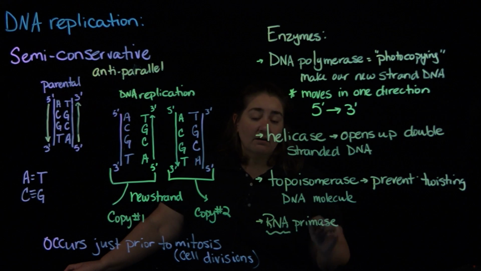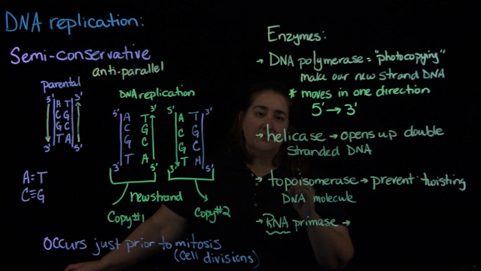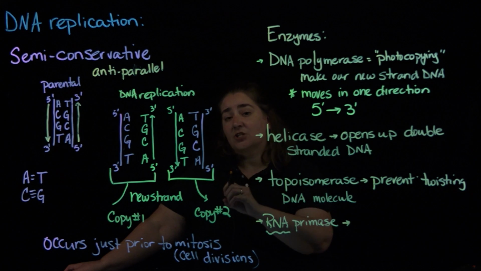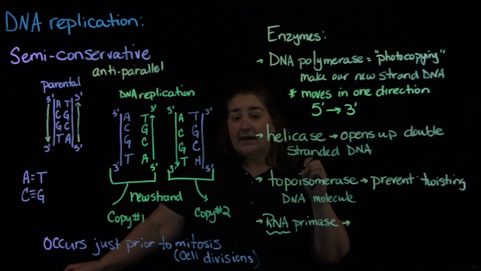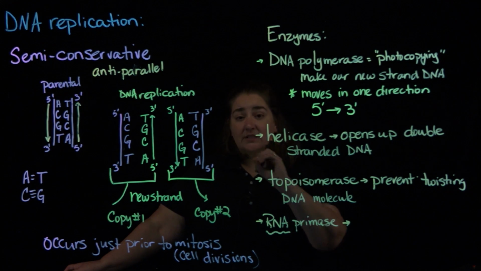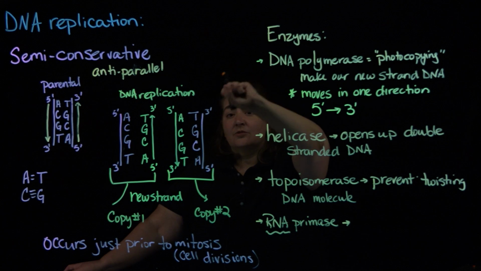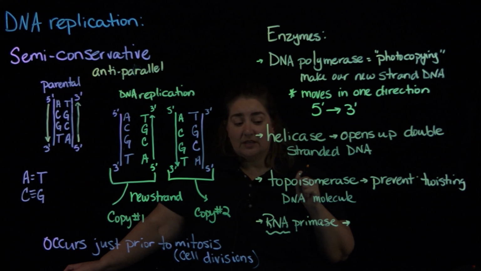We need that RNA primase because DNA polymerase can't just attach to a naked strand of DNA. It needs something to attach to. And that thing that it attaches to is a little bit of RNA that RNA primase puts down so that DNA polymerase knows, okay, this is where I need to come in and start making new DNA.